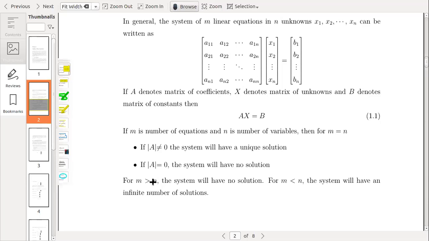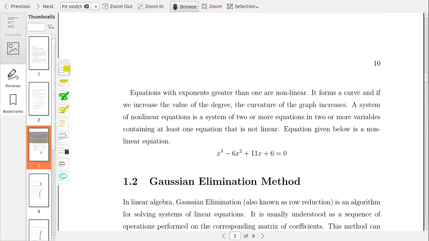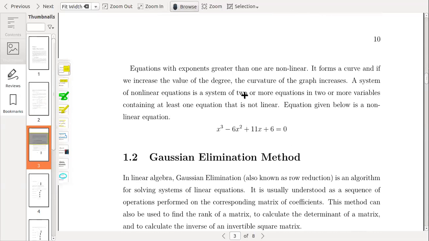And for m greater than n, it means if the number of equations is greater than the number of variables, then what will happen? The system will have no solution. And if the number of equations is less than the number of variables, then the system will have an infinite number of solutions. Okay, this we will discuss with examples.